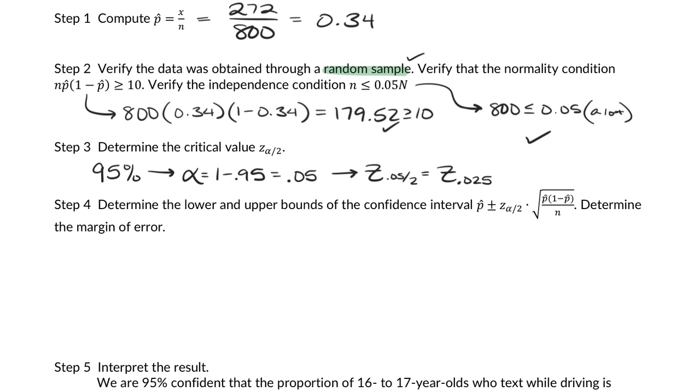What was the number we found earlier? Negative 1.96. And so if that's to the left, what's to the right? That's 0.975, which would be 1.96. Again, percentage confidence interval gives you alpha. Divide alpha in half, and that's the z-score you're finding to the right of. Your table always does to the left, so you have to flip it over to do the right.